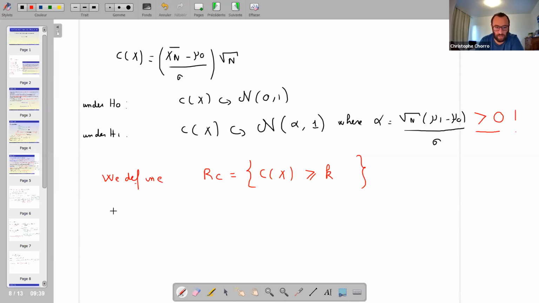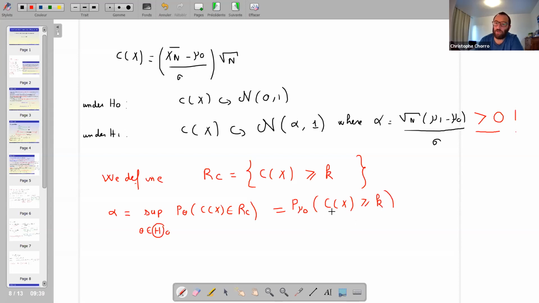Alpha is always defined as the supremum for theta belonging to capital theta 0 of P theta of C of X belonging to R of C. In my situation, since I have a single element in capital theta 0, it's the probability when mu is equal to mu 0 that C of X is greater than K.